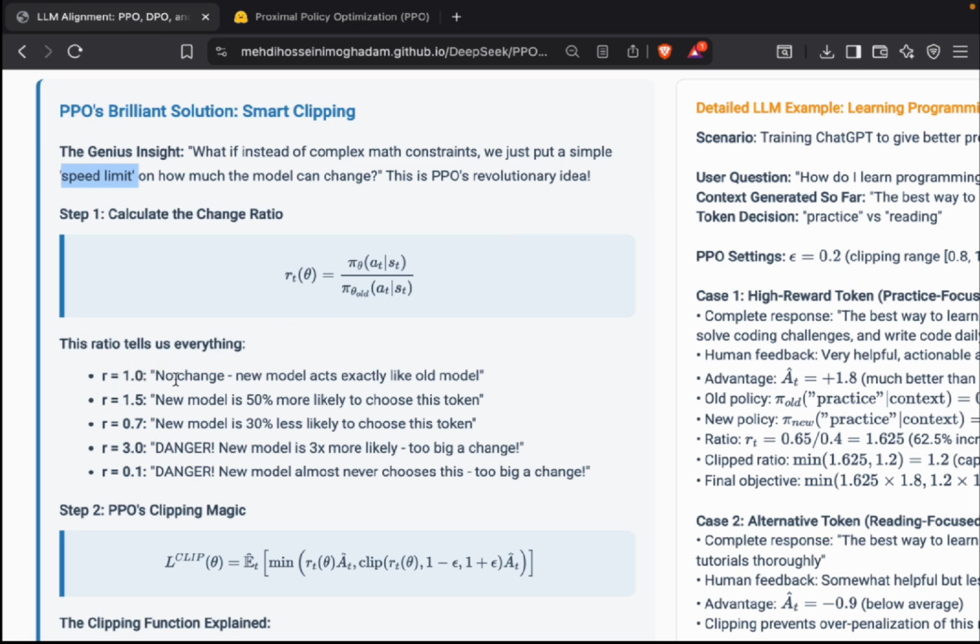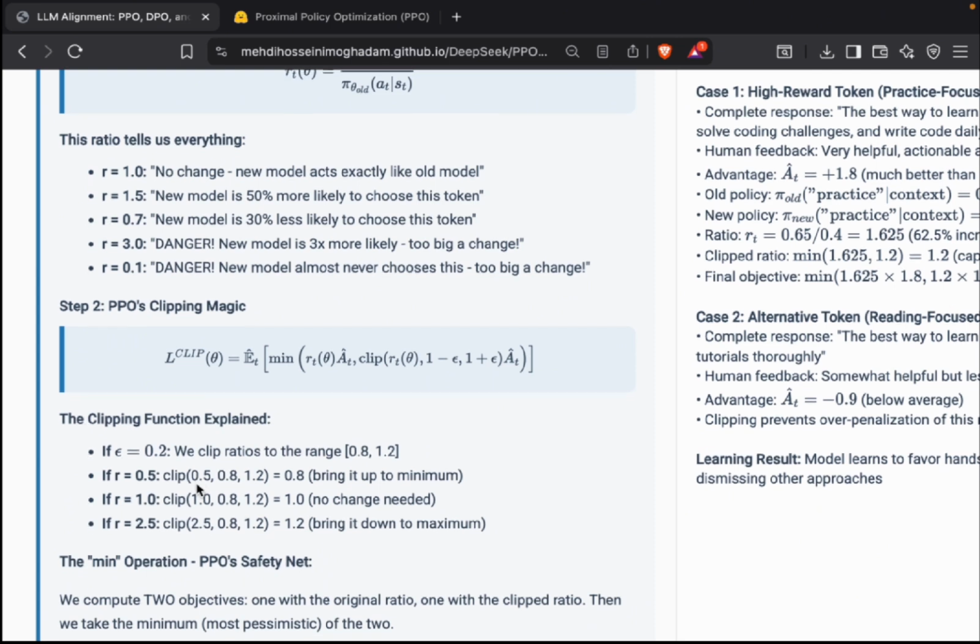A ratio of 1 means no change, 1.5 means the new model is 50% more likely to choose this token, 0.7 means 30% less likely to choose it. A ratio of 3 is dangerous: the model is 3 times more likely to choose something. It's too big, too much. Or 0.1, again, is too dangerous.